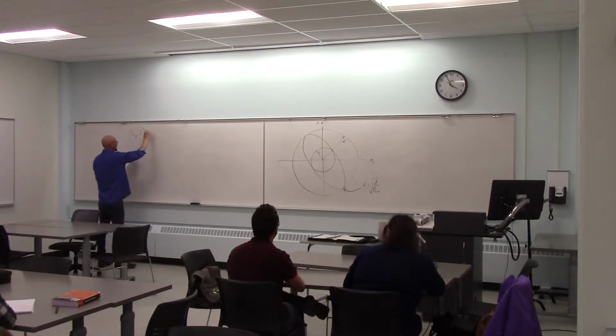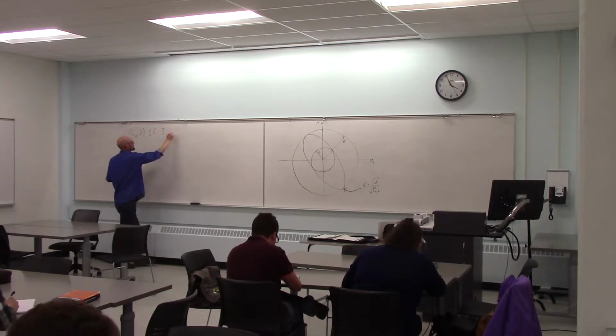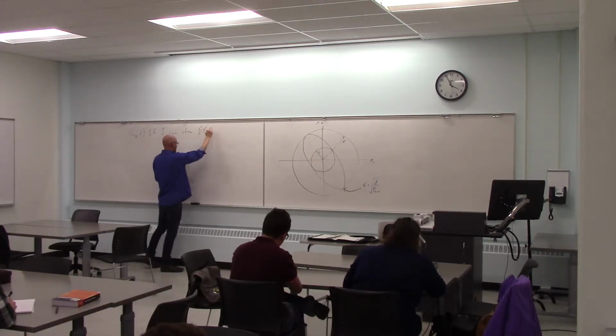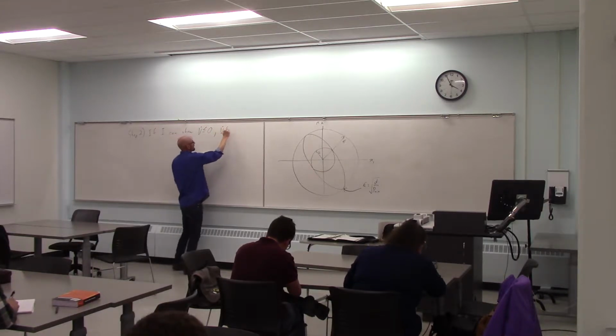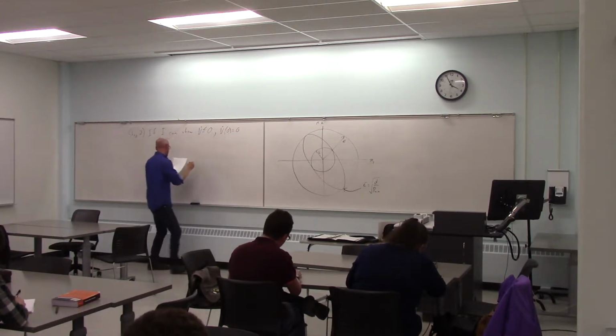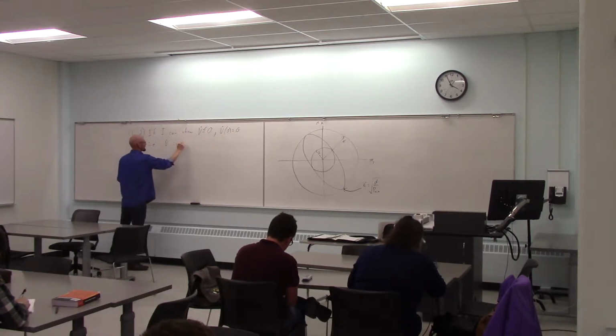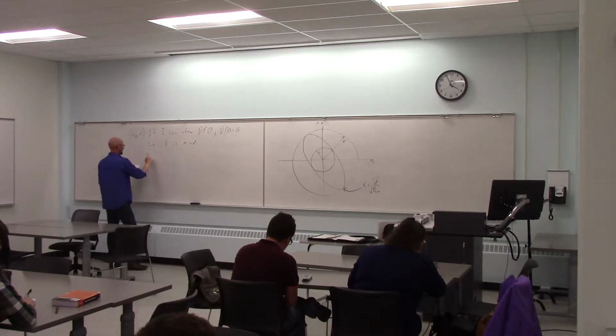So step 2, if I can show that v dot is less than or equal to 0, and v dot of 0 is equal to 0, i.e. I'm showing v dot is negative semi-definite, then v cannot increase.